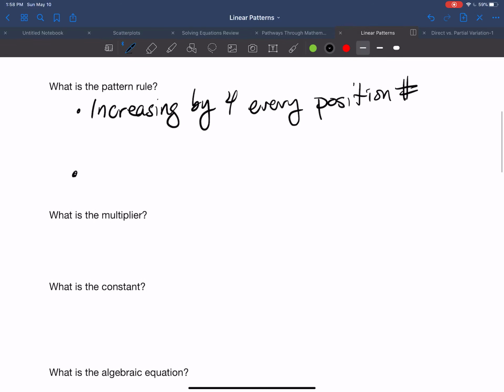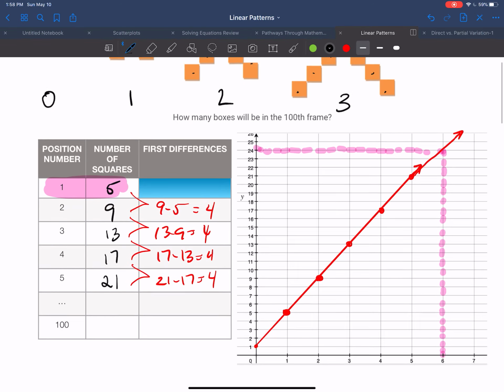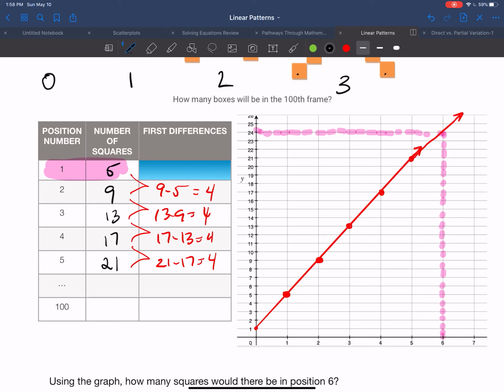So the next questions are asking, what's the multiplier? What's the constant? So if we go back up here, I know I'm increasing by 4. I'm adding 4 every time. But if I think about the number of squares and the position number, how are they related? Well, I know it's increasing by 4, so let's think about that 4. 4 times 1 is 4, but that's not quite the number of squares.